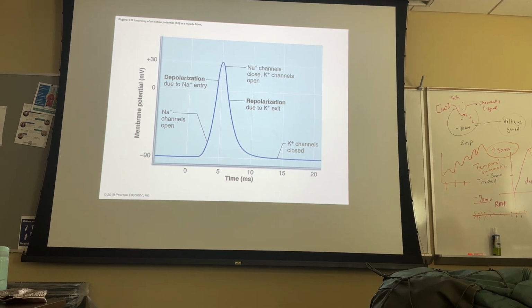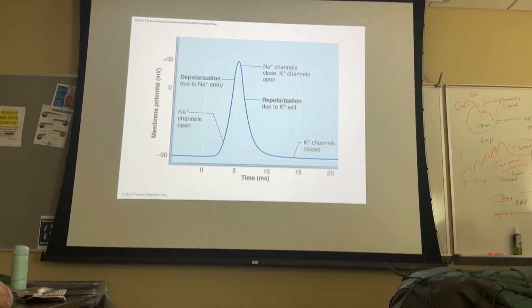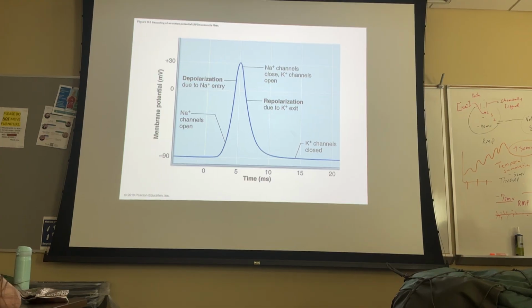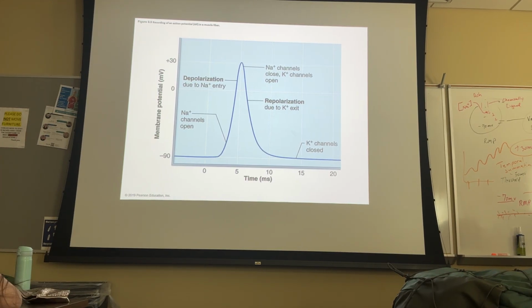So you need to know the general definition of what an action potential is. You need to know that voltage gated channels for sodium are opened by reaching a certain threshold. You know what a threshold is. You need to know that the term for anything above minus 70 millivolts is called depolarization.